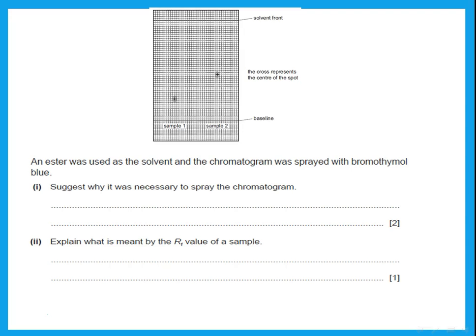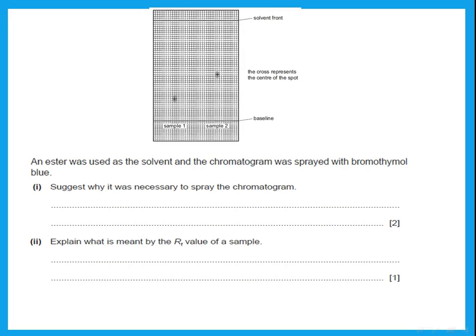Okay. This is the next question. An ester was used as the solvent and the chromatogram was sprayed with bromothymol blue. Again, bromothymol blue, if he says I sprayed the chromatograph with something, that means that something is what? Is a locating agent. Remember that we said if I'm using spots of samples that do not have colors, then I cannot see anything on the paper.